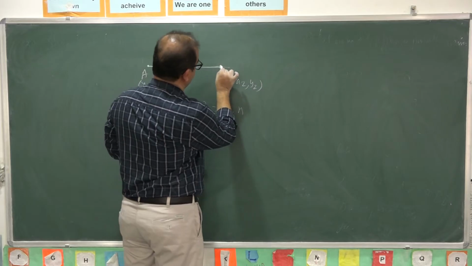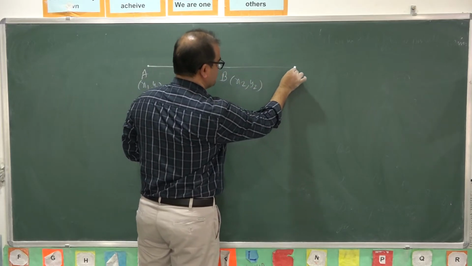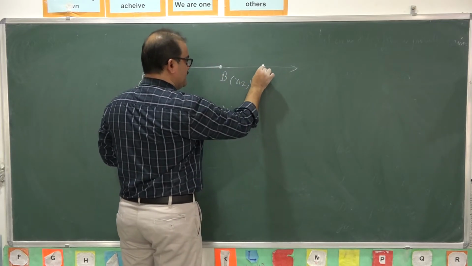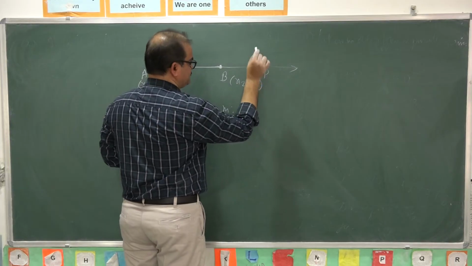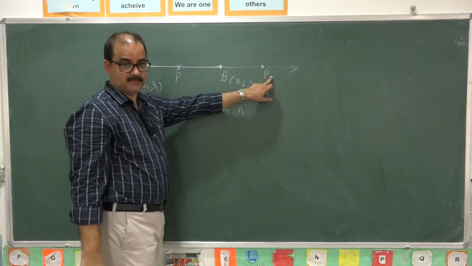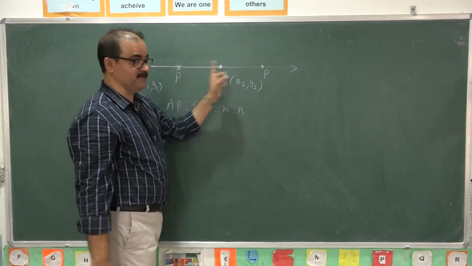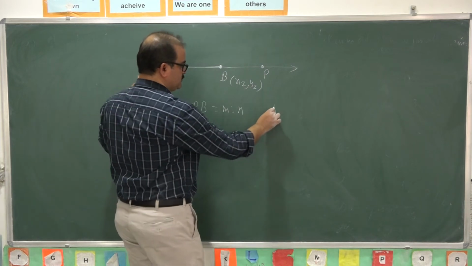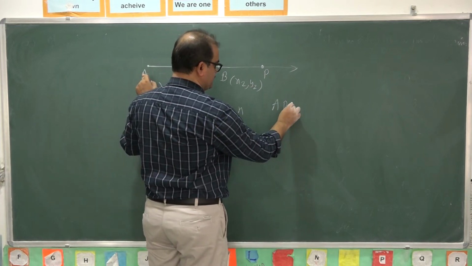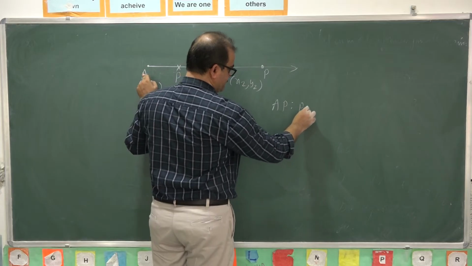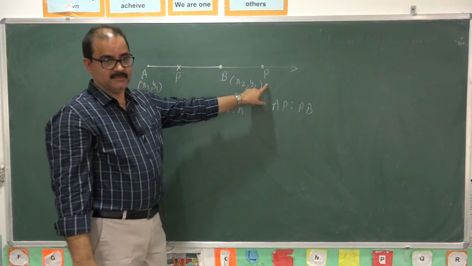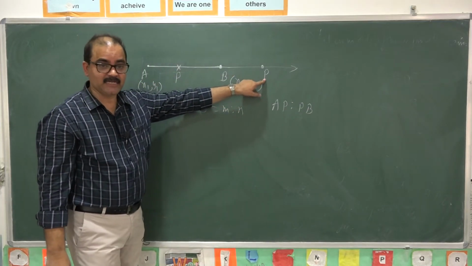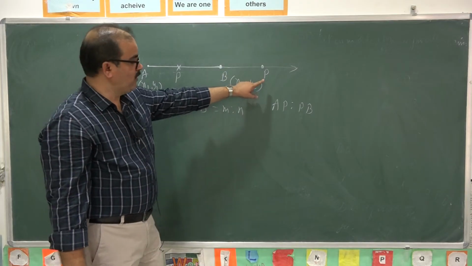If you extend this line segment AB and P lies here, then also P divides AB in the ratio AP is to PB. But this division is called external division. Why?